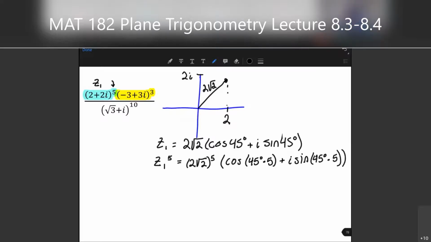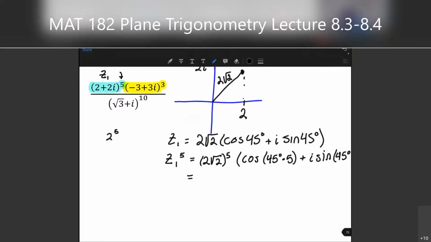So let's see if we can simplify this one step and make sure that we have this ready to go before we move on to the next piece. If you considered multiplying through with the power of 5 here, 2 to the power 5 is going to give you 32.